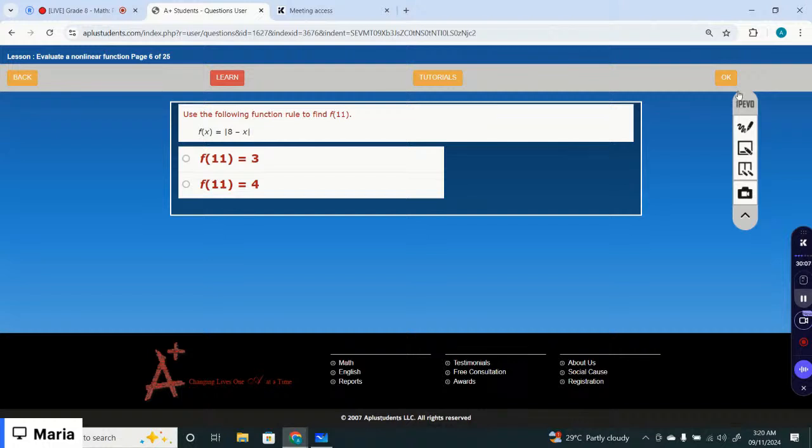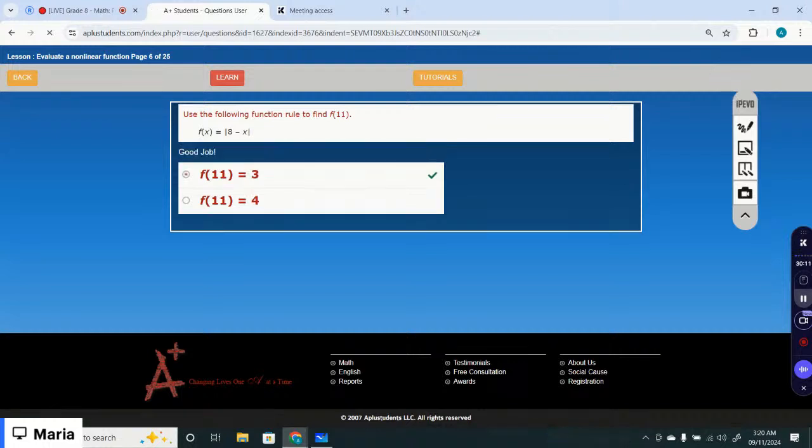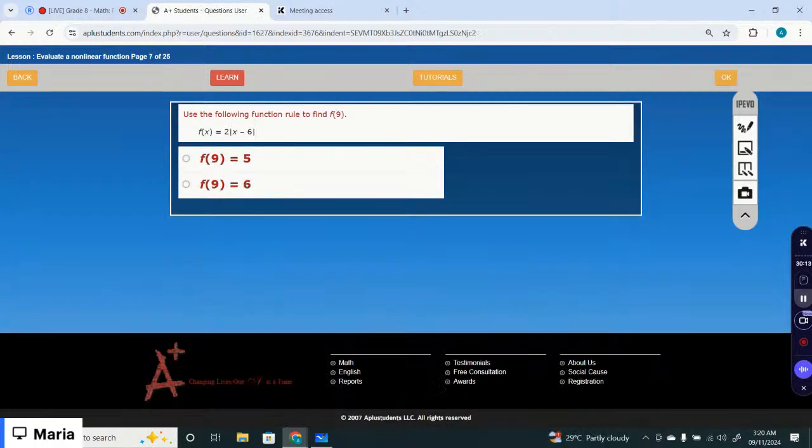Option number 1 is the correct option. Very good. Use the following function rule to find f of 9.